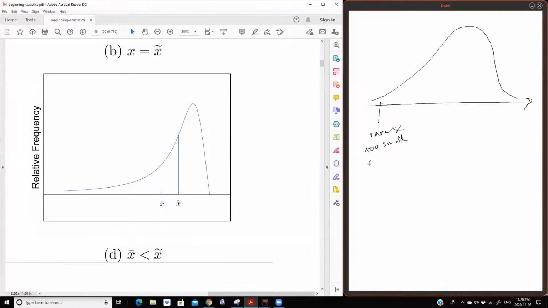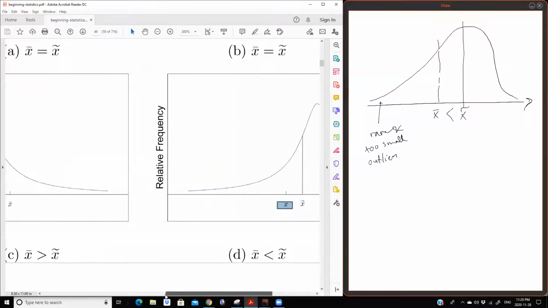These are also called outliers. And these outliers will pull the mean towards themselves. So maybe the mean is going to be around here, but the median is not affected by the outliers. So in such a scenario, the mean is going to be less than the median. See, the mean is around here, the median is going to be bigger.